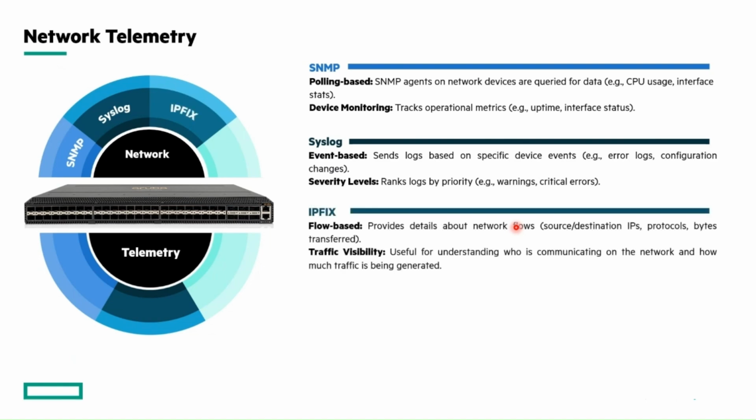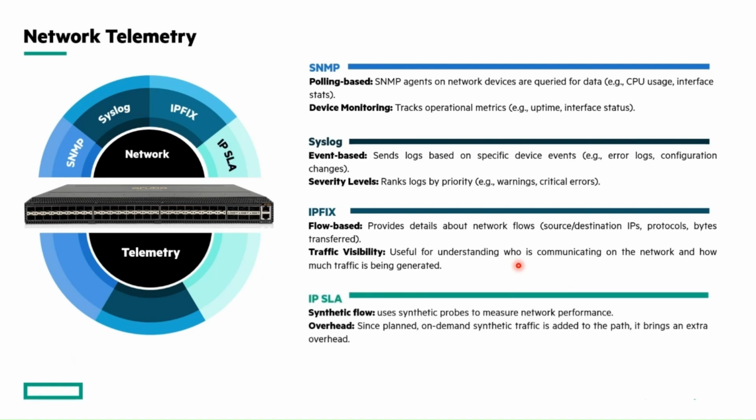The major thing about syslog is that it ranks logs based on their priority, such as warnings, alarms, errors, etc. The next one in the list is probably the most famous one, which is IPFIX. It provides the details about network end-to-end flows, which include source and destination IPs, protocols, and bytes of traffic transferred. This provides visibility, which helps us understand who is communicating with whom in the network and how much traffic is being generated.